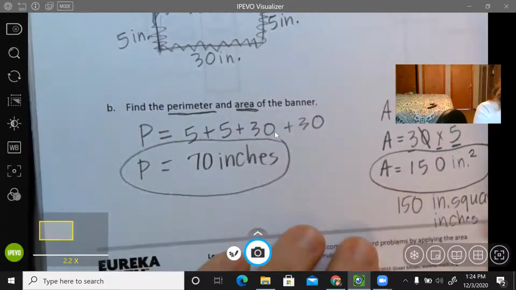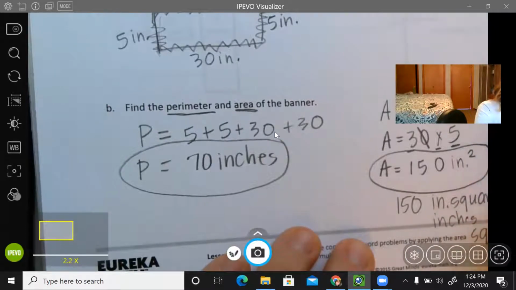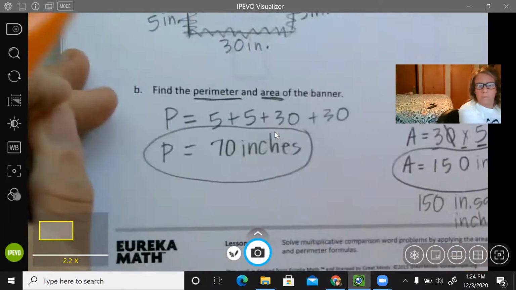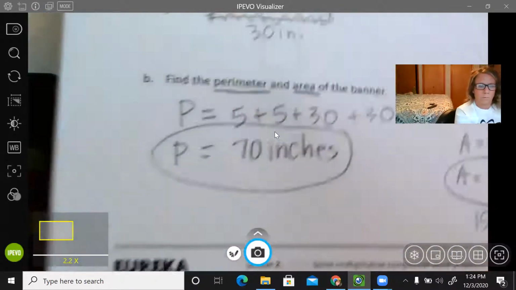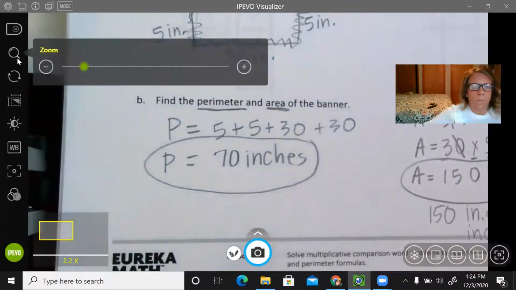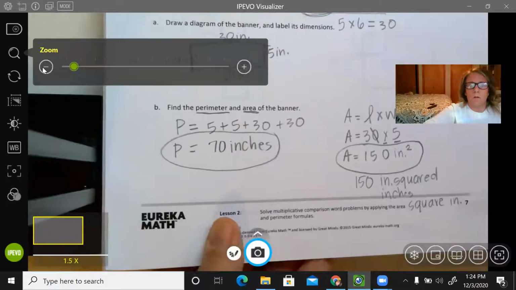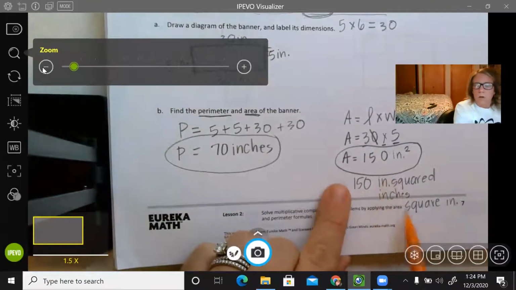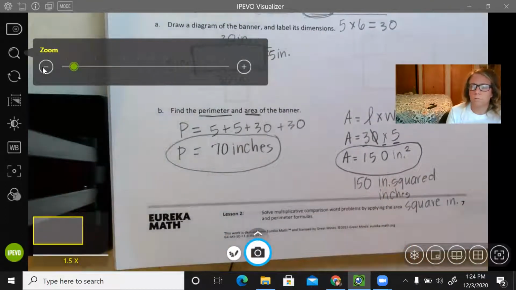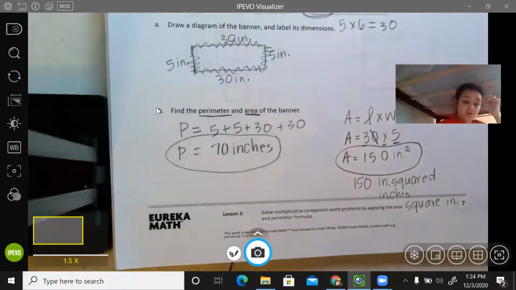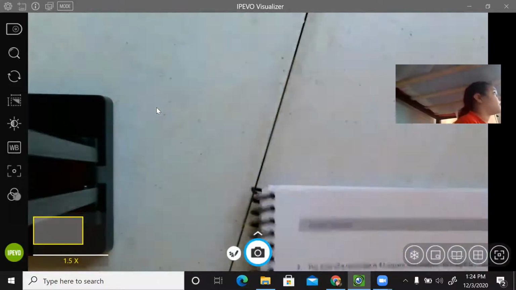You could even say square inches. All of these options are correct. Thank you, Tegan, for keeping me on my toes. Okay, now we're going to move on to number 4.